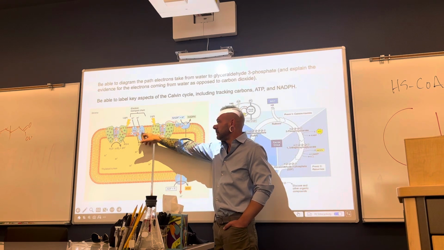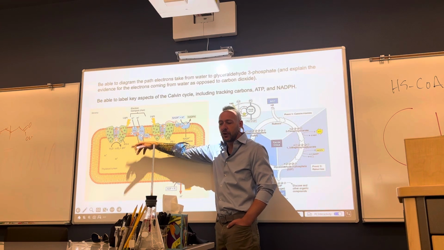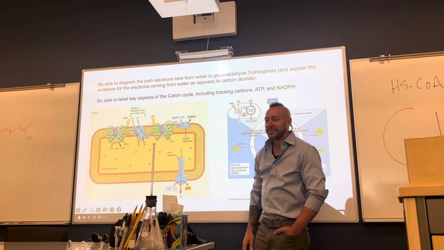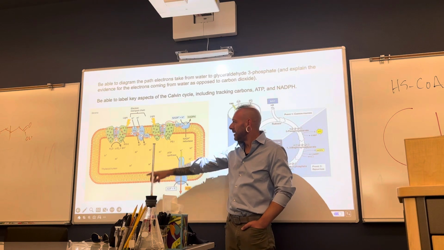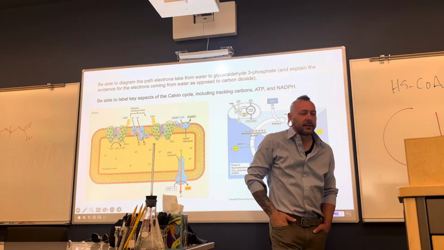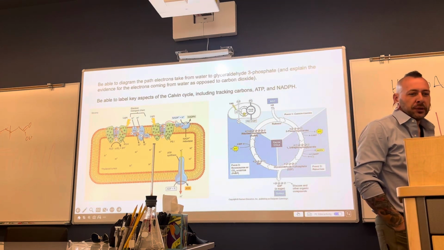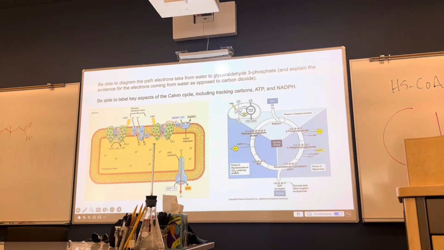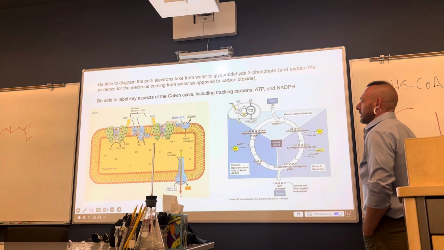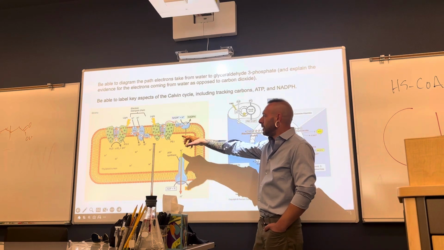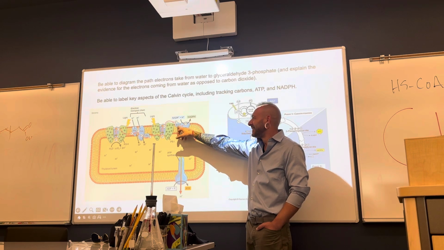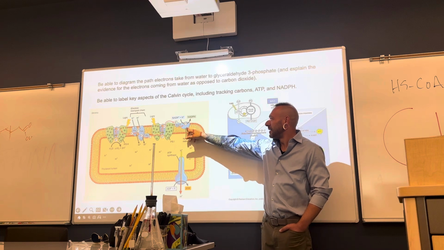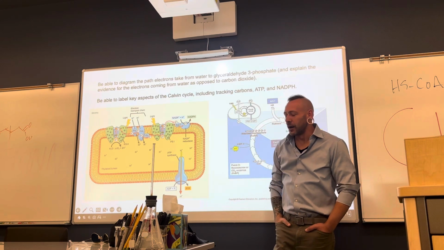Then what's this next one? CYT stands for cytochrome. Cytochrome C. Then we have PC. Plastocyanin, followed by photosystem 1. FD. Ferredoxin. And then finally, we have our reductase.